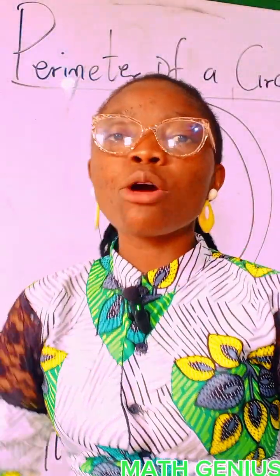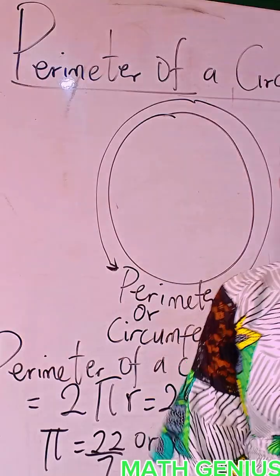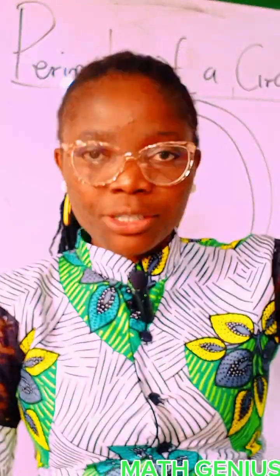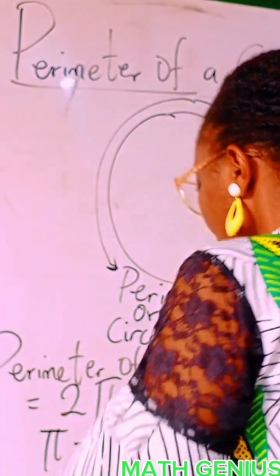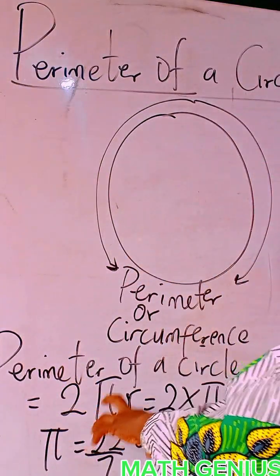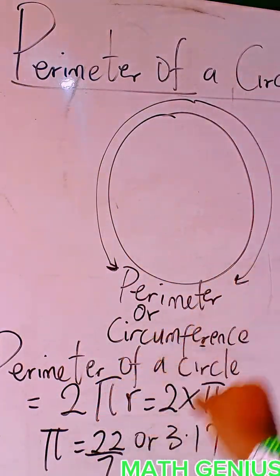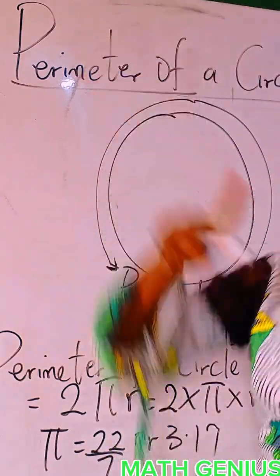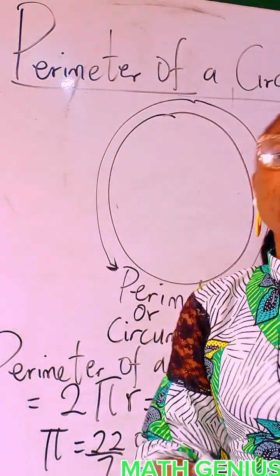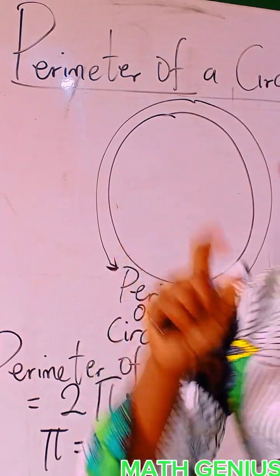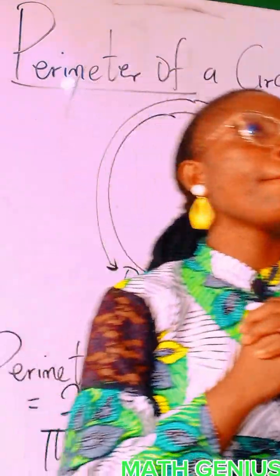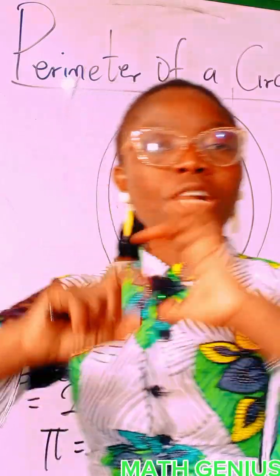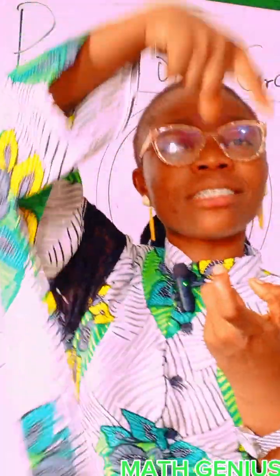Your circle comes in different sizes. If you see a bigger circle, it's obvious that it has a bigger radius. So your radius changes per time. The formula, as we recap, is 2 pi r. The perimeter requires you to find the total distance around the circle. Of course, in grade 1 thereabouts, we were told that you can use a string to find the total distance around the circle.